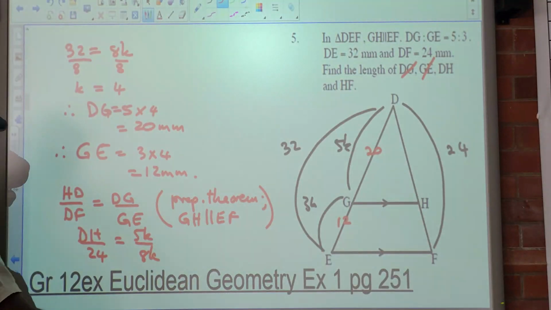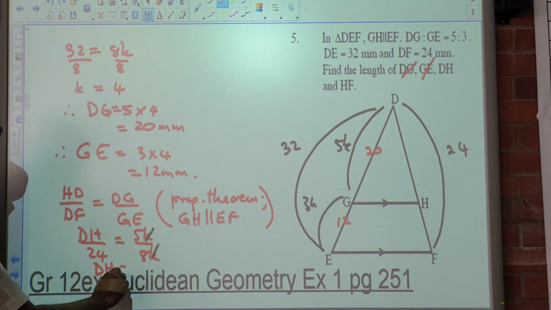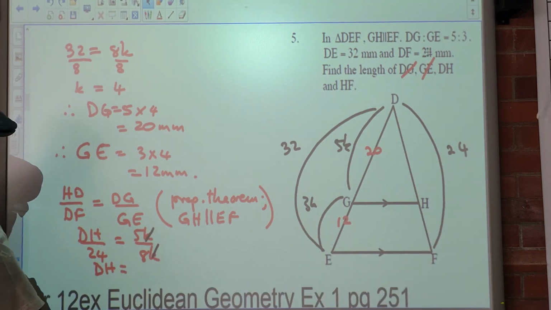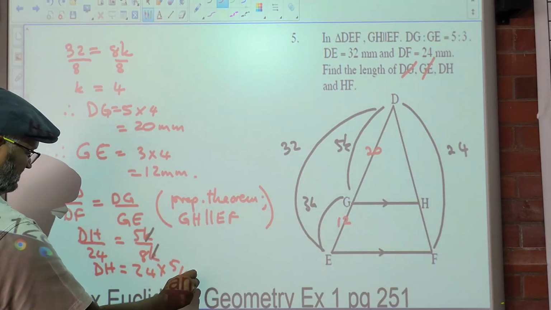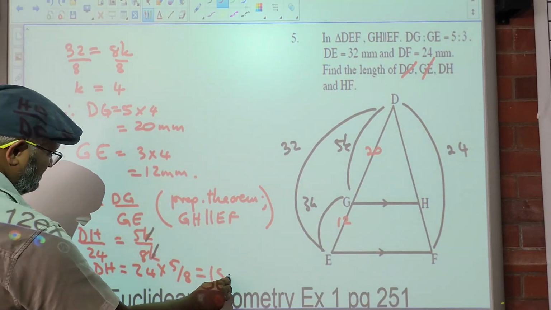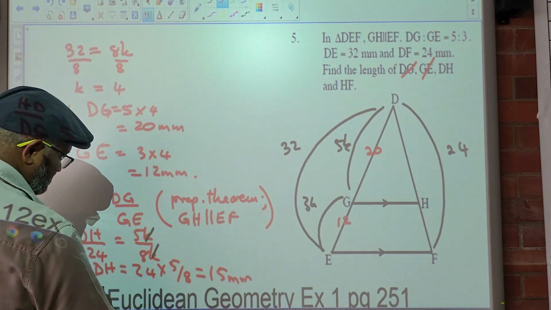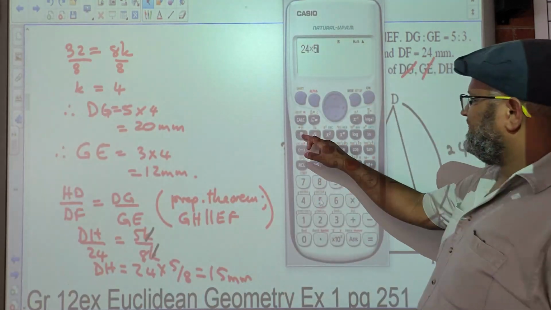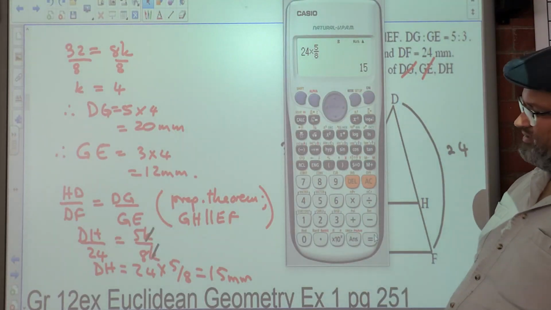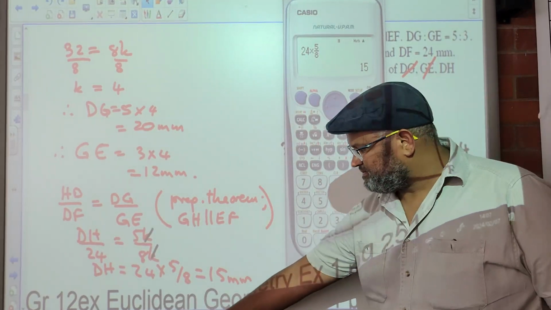Of course the K's cancel. So DH is equal to 24 multiplied by 5 over 8. That gives you an answer of 15 millimeters.